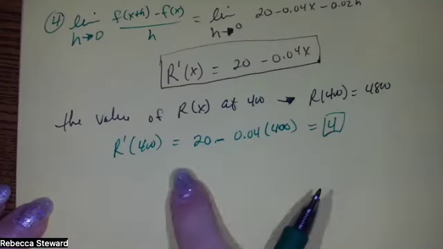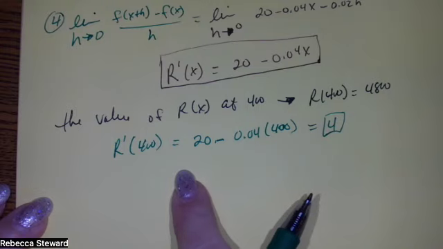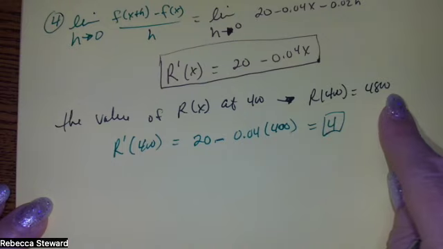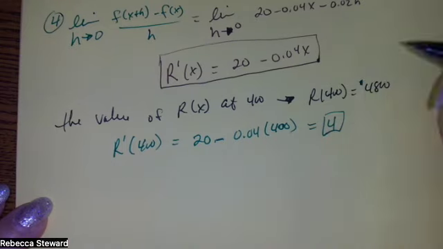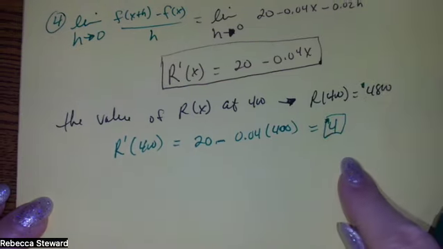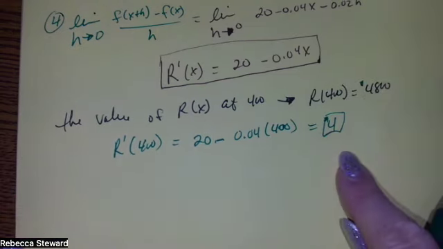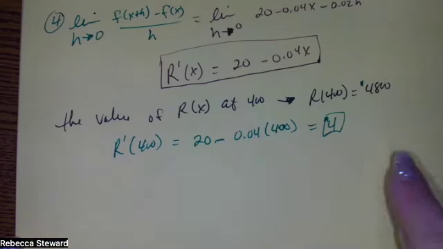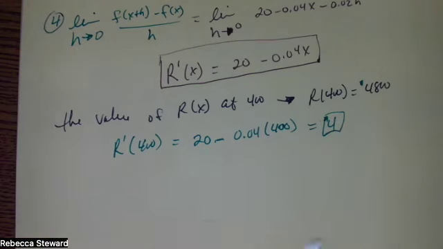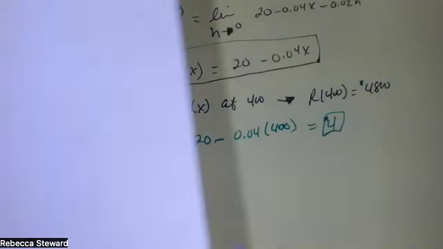So what does that mean? That means that at a production of 400 planters, the revenue is $4,800, and it is increasing at a rate of $4 per planter. That's the instantaneous rate of change. They're going up by $4 a planter. We do have a graph to look at for this problem.